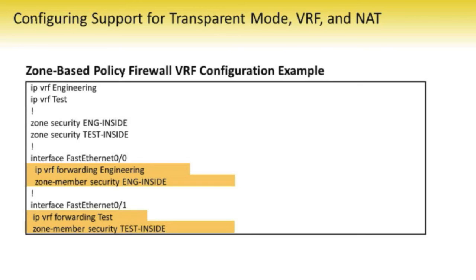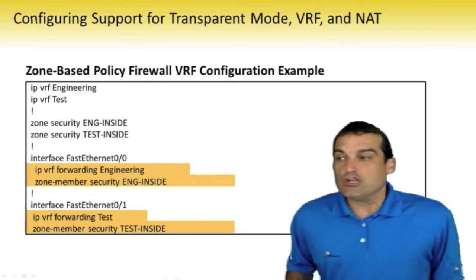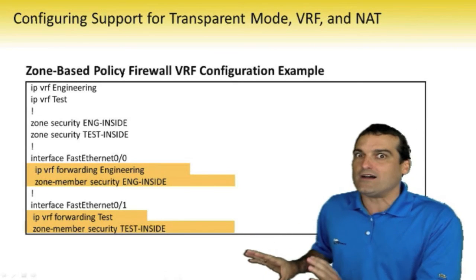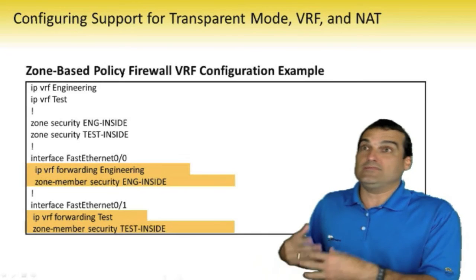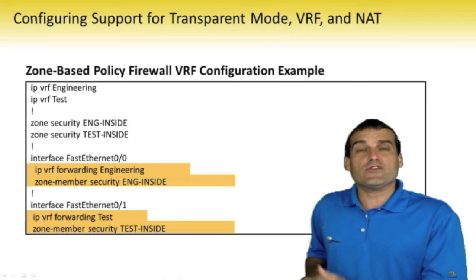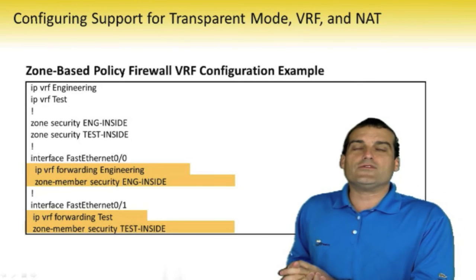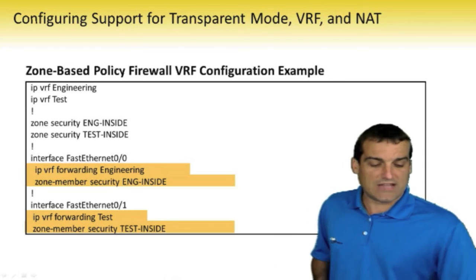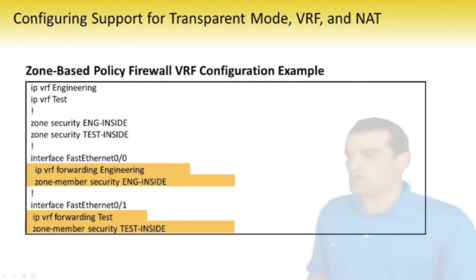The only tricky thing, obviously, is that you've got to document everything really, really well, right? I mean, now we're adding another layer of complexity, aren't we? With the virtualization of the routing tables and the interfaces, we're adding that additional layer of complexity that you're going to want to make sure you have fully documented.